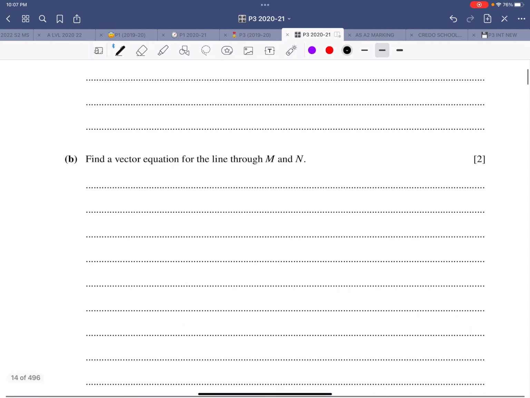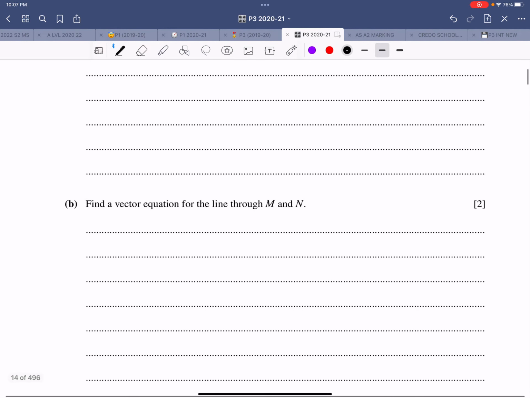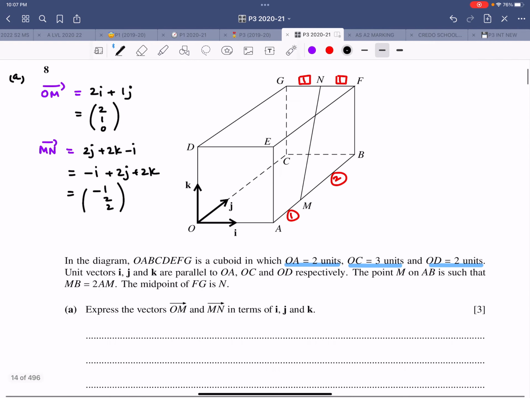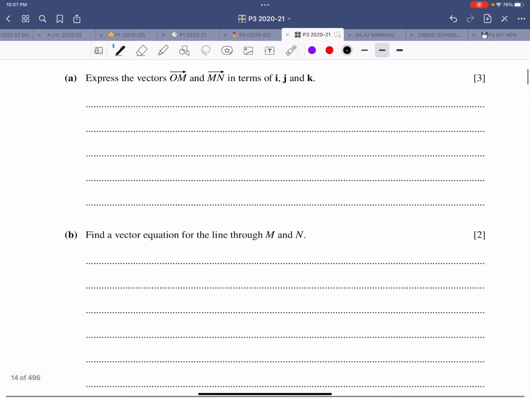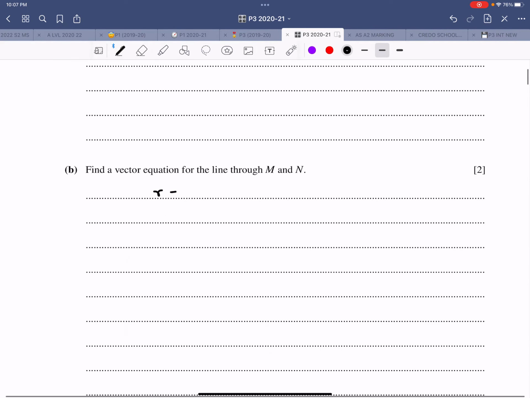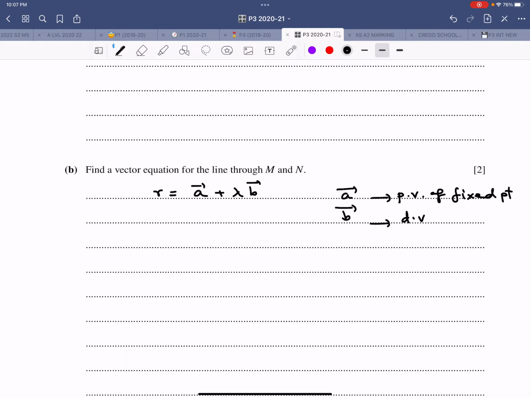It says find a vector equation for the line through M and N. MN will become the direction vector. r equals a plus lambda b, where a is the position vector of a fixed point and b is the direction vector.